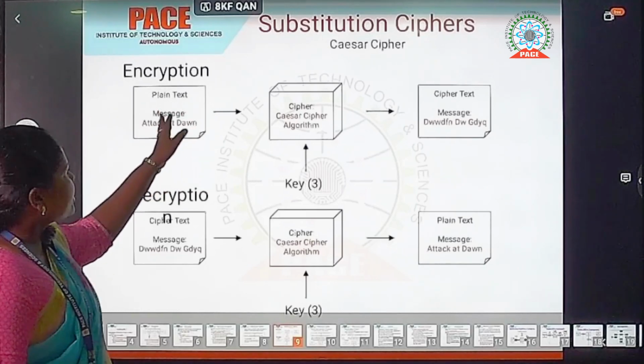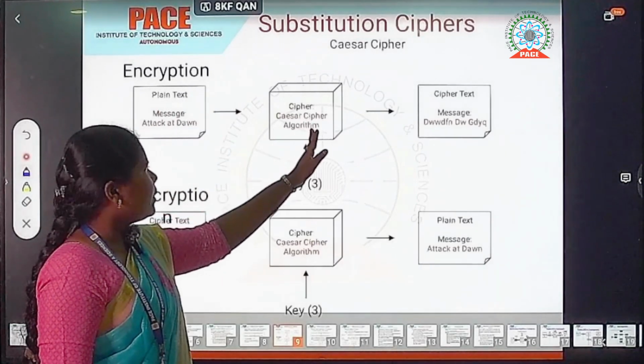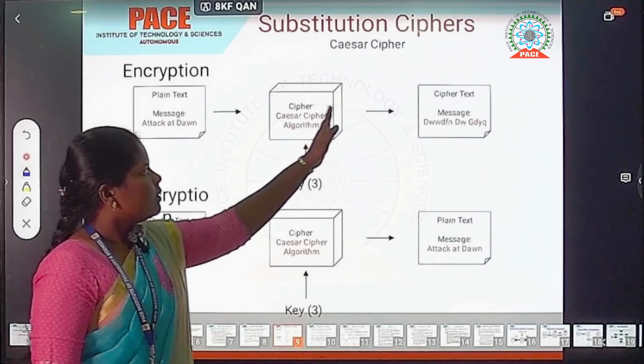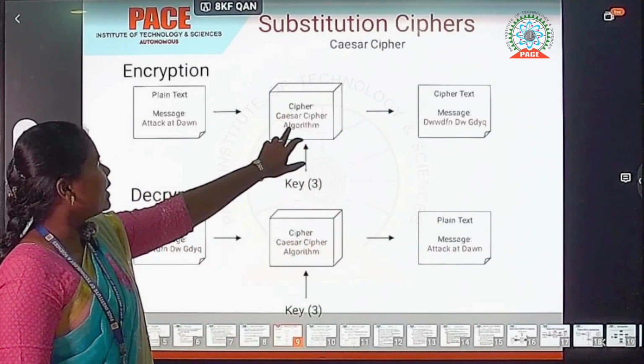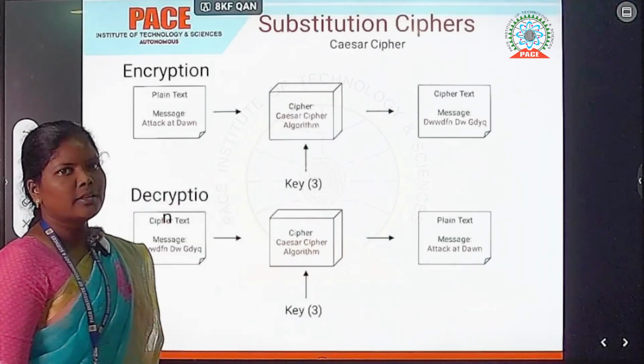This plain text is converted into ciphertext by using the cipher algorithm.